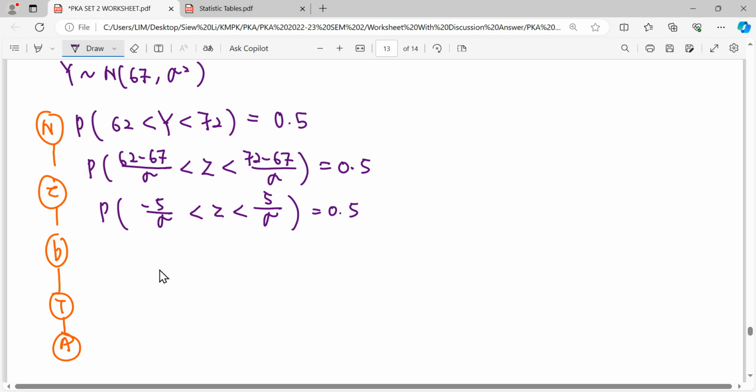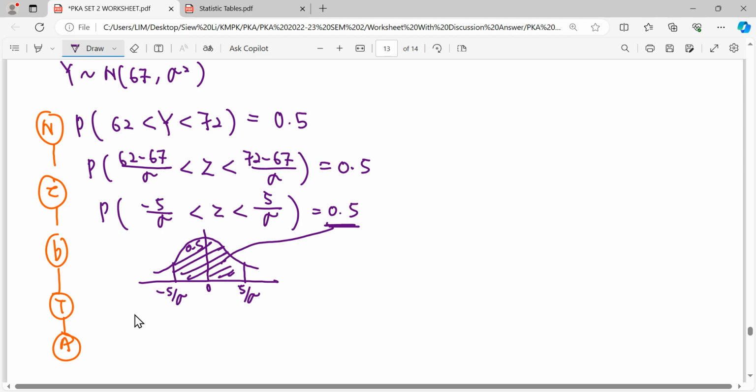When you want to draw this, it will be easier because one is negative and one is positive, very obvious. This is negative 5 over sigma, this is 5 over sigma. In between here, the region will be 0.5. Look at the diagram that you are drawing. How do you read from the table? How do you get this region 0.5?